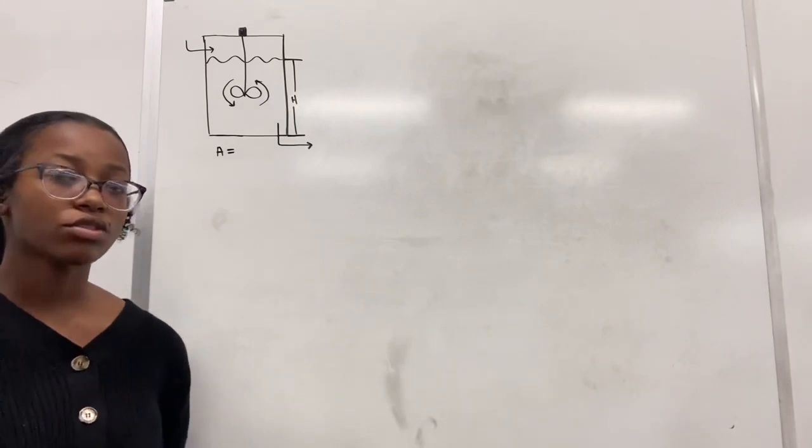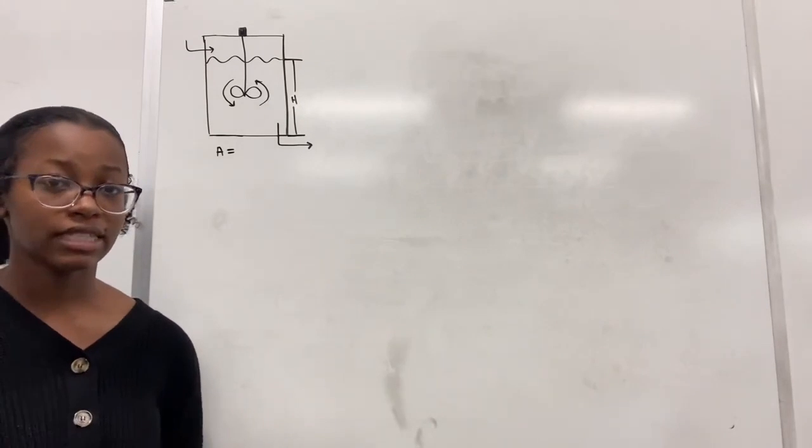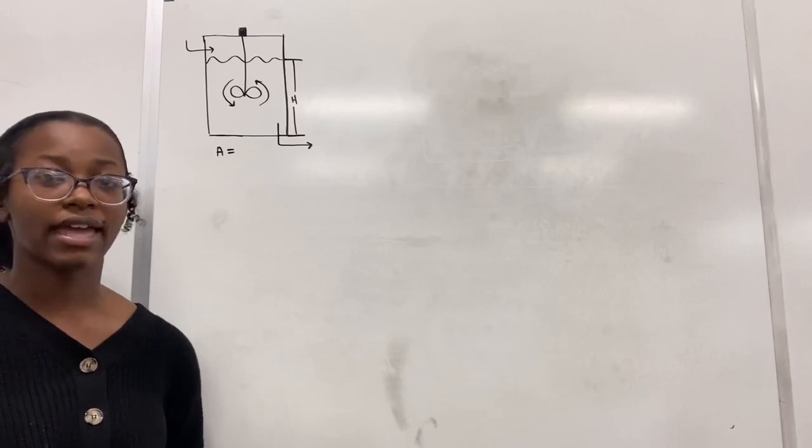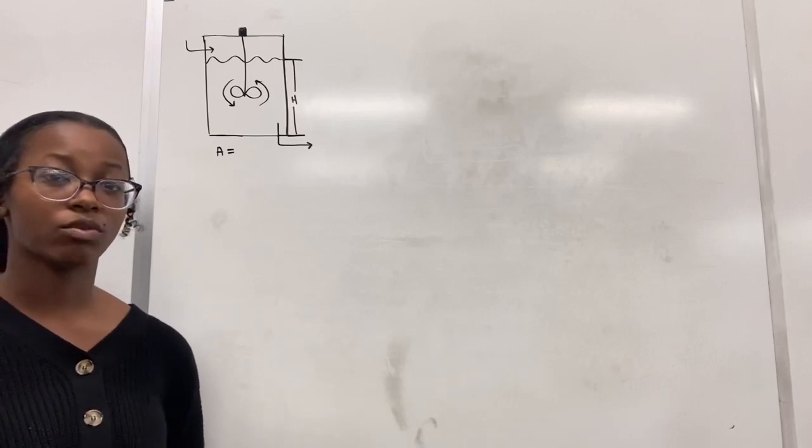There is also water flowing into the tank at a rate that we'll call Q in, and water flowing out of the tank at a rate that we'll call Q out.